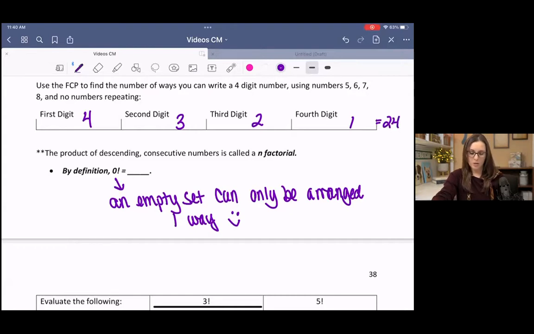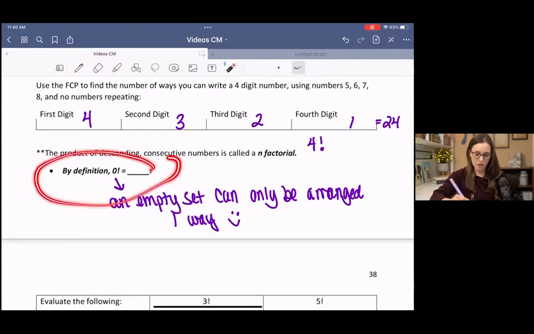And then this also introduces the idea of the factorial. And the factorial is the product of descending consecutive numbers. So 4, 3, 2, 1. I could label this as 4 factorial. And a factorial is an exclamation mark. So it looks like you're yelling 4, but it's read 4 factorial in mathematics. So I want to quickly go over here.